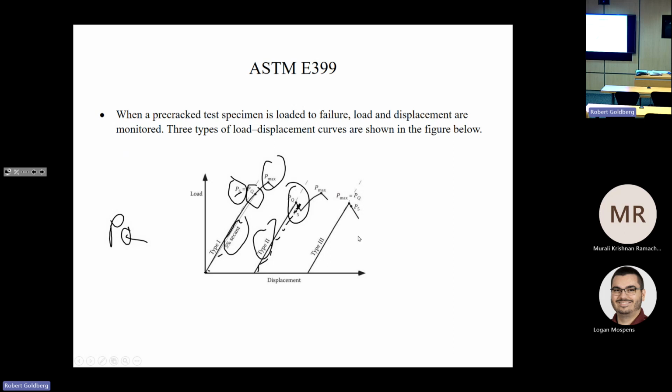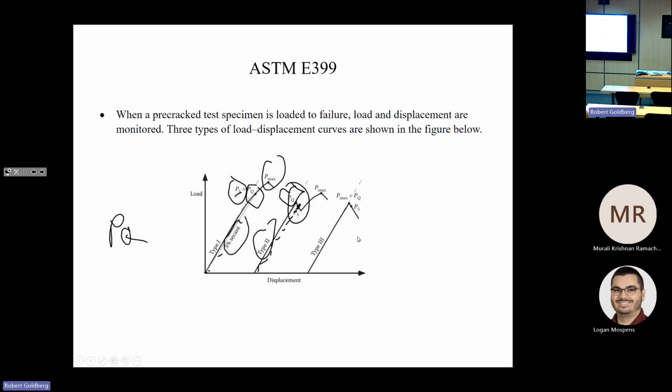So even though this is where your load curve intersects the 5% secant line, you have some unstable crack growth. And in the K1C test, we're interested just in stable crack growth. So in this case, the PQ is defined as the load at the point where you start getting that little bit of unstable crack growth.